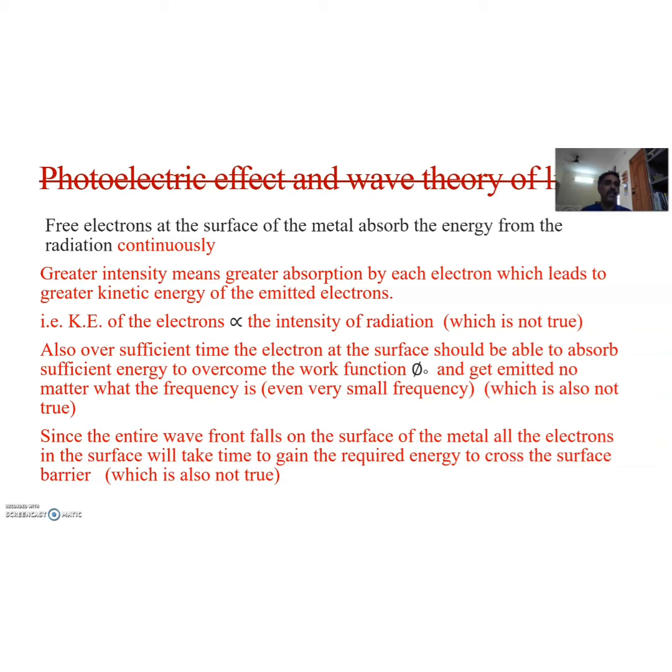We have seen that photoelectric emission takes place only beyond a certain frequency called the threshold frequency or the cutoff frequency. So this is also not true. They were not able to explain it using wave theory.